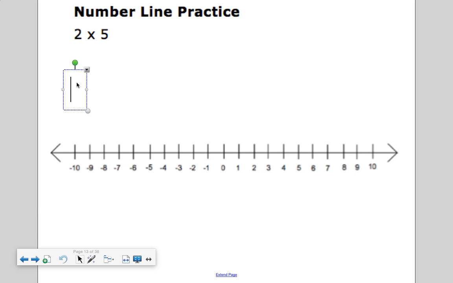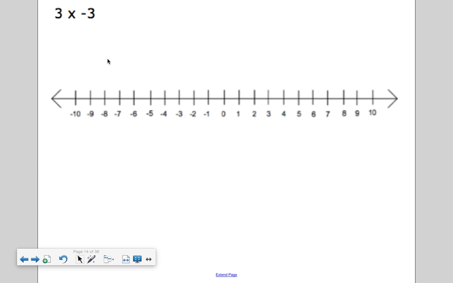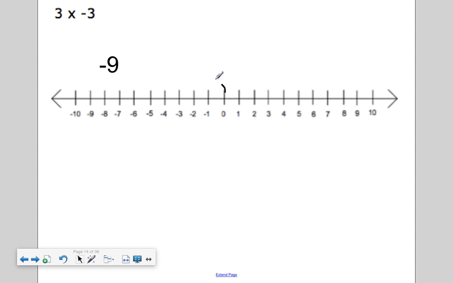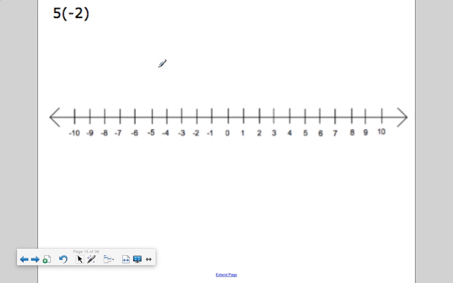So 2 times 5 is 10. 3 times -3 is -9. To see that, it's saying you go 3 groups of -3. One group of -3, second group of -3, third group of -3, so it's -9. 5 times -2. 5 groups of -2.